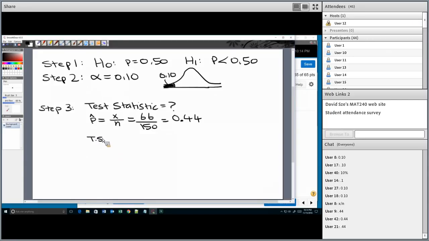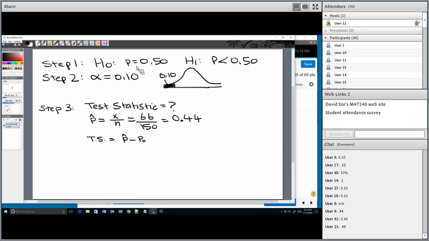Now we're gonna find our test statistic. I'll just write TS. The test statistic is equal to this formula. Try to follow this. It involves a little bit of work, but it's easy. P hat minus p based on H naught. The p is given in your H naught, so I'm going to write this as P0.